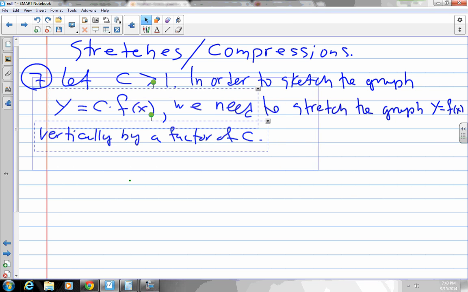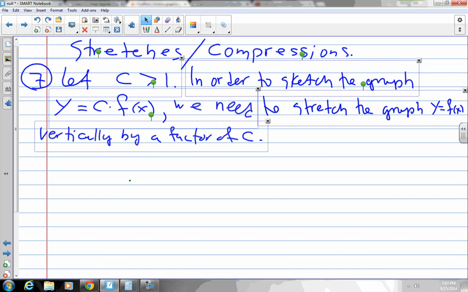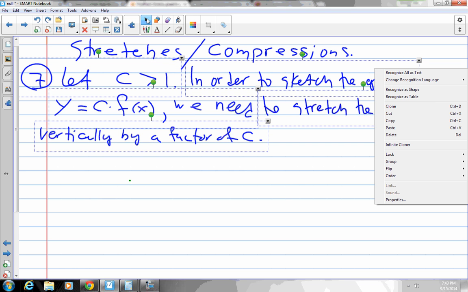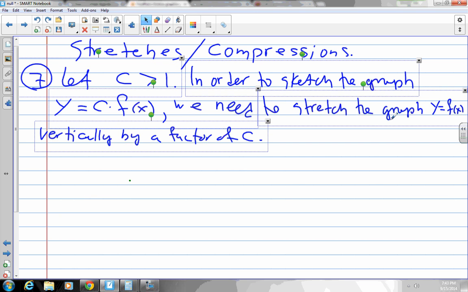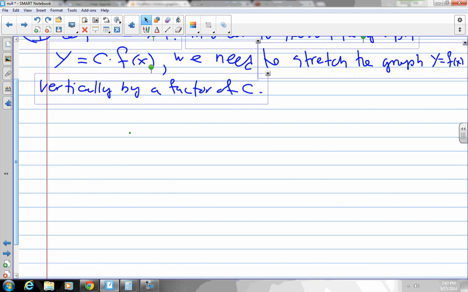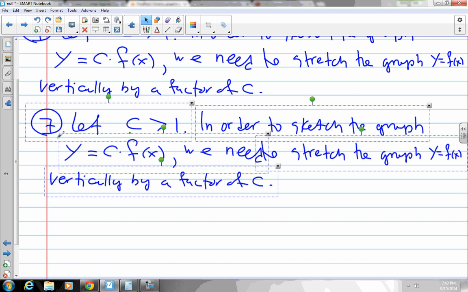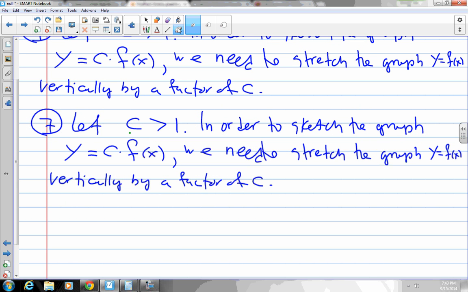If c is less than 1, then everything will shrink vertically or compress vertically by a factor of c. So let's write that one down. So we will change 7 to 8. We'll say c is less than 1. Yeah. Well, c is greater than 0. That's what we said originally, but yeah.